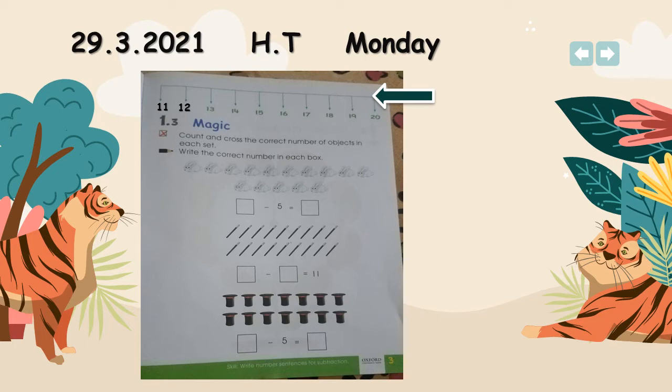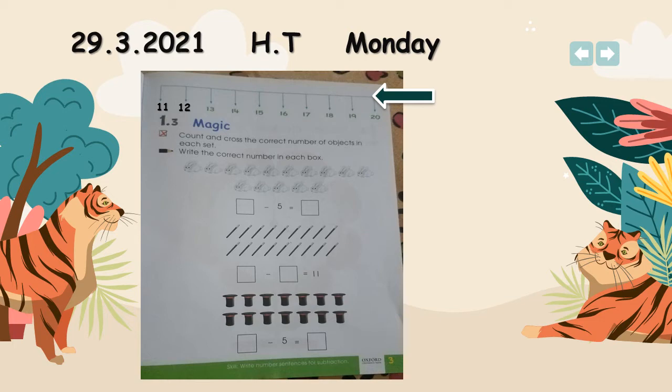Then look at the activity, and this is about magic. What are they saying? Count and cross the correct number of objects in each set. We have 3 sets of different objects and we have to count according to the given number sentences and then we will cross them.